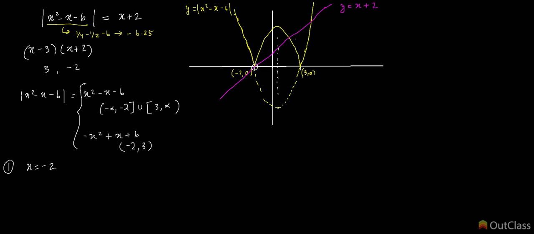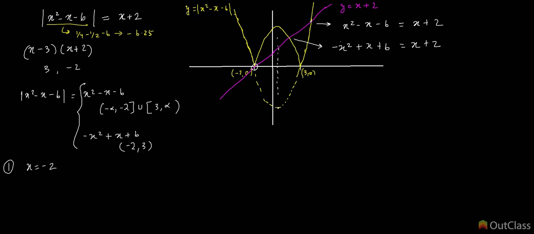We can find these by writing the corresponding equation where mod of x square minus x minus 6 may or may not be negated depending on whether the graph was flipped. So the equation for this point is x square minus x minus 6 is equal to x plus 2. And the equation for this point of intersection is minus x square plus x plus 6 is equal to x plus 2, because the curve has been flipped by the mod function.